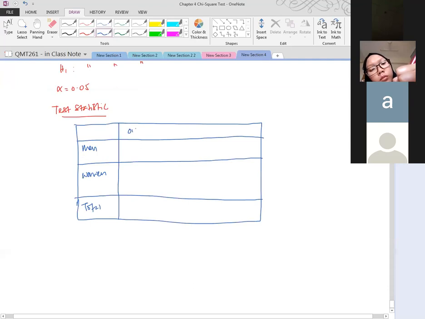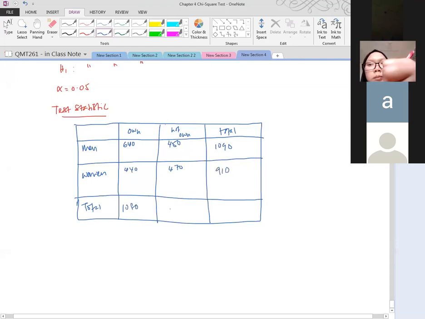This is own, not own, this is total. So the value of own and man is 640. This is 450. And this is 1090. This is 440. This is 470. This is 910. So this is 1080, 920, and the grand total is 2000.